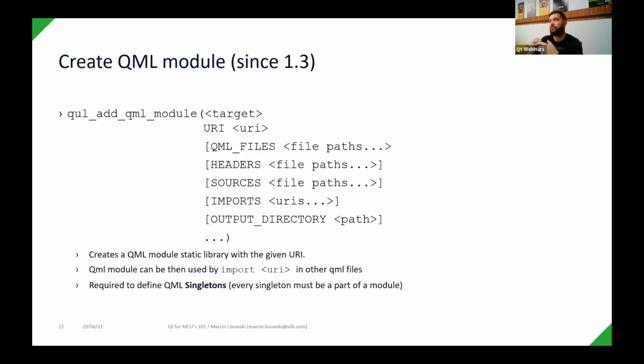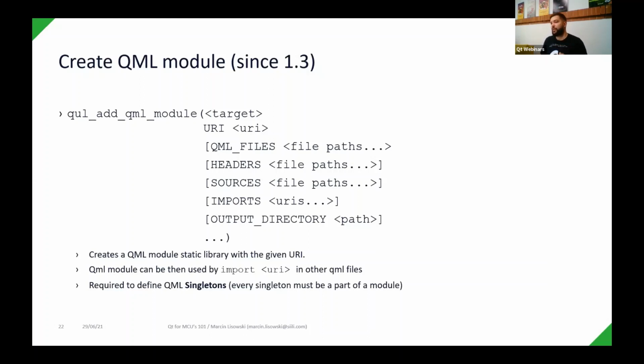It defines the separate static library that will hold your module separately. And let's review the arguments. URI will define the URI, which will be then used in other QML files to import your module. List of QML files, of course, to define your module things inside. The headers, if there are any. Sources, if there are any.